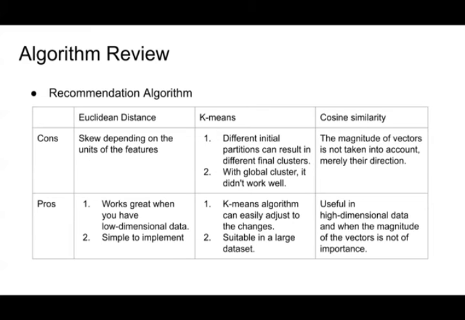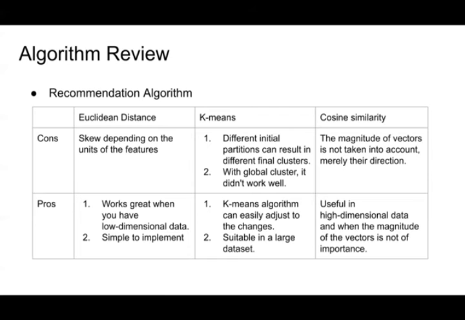We reviewed our algorithms and listed their pros and cons. For the Euclidean distance, it skews depending on the units of the feature, and it has better accuracy with low-dimensional data. That's why we do not want to use it, because we have 10 plus different features in our algorithm.